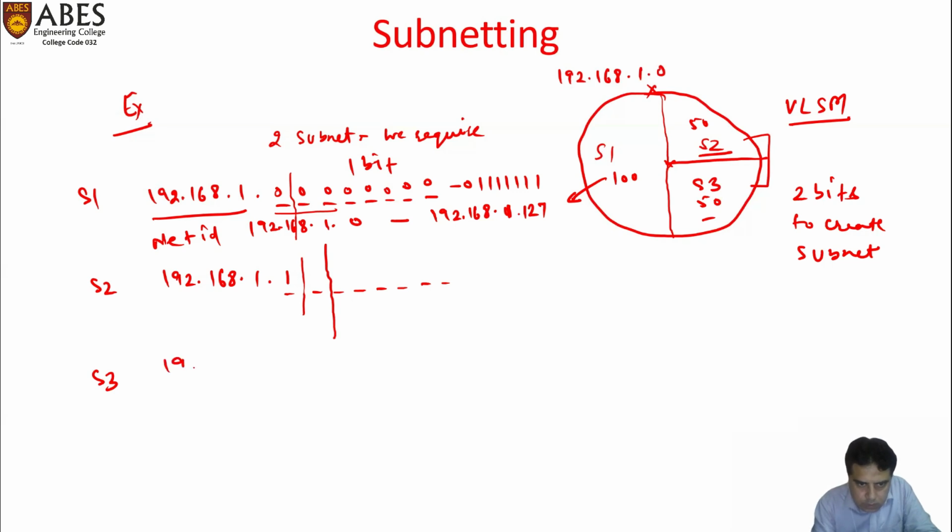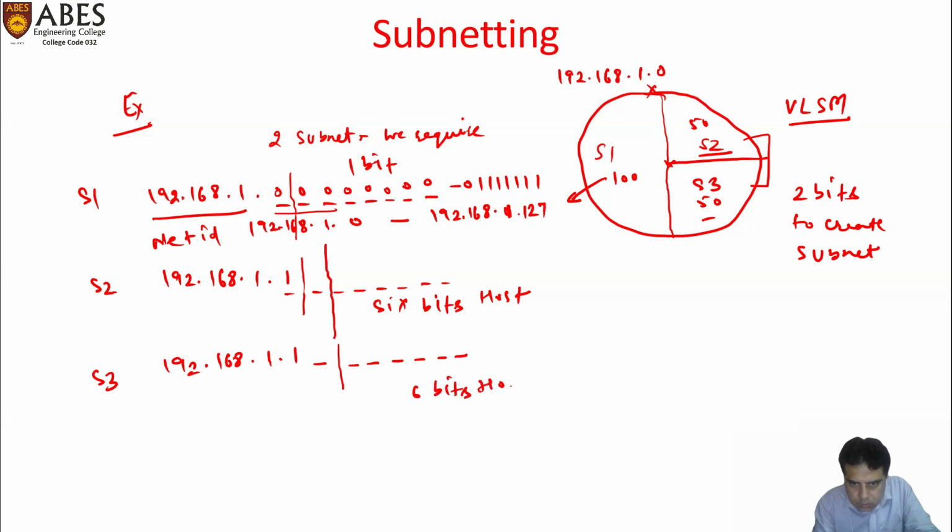This is 192.168.1. The 6 bits are used to connect the hosts.